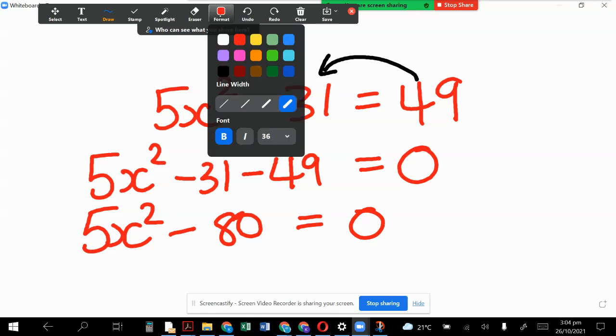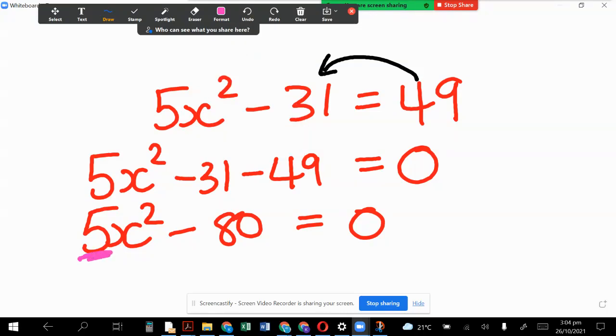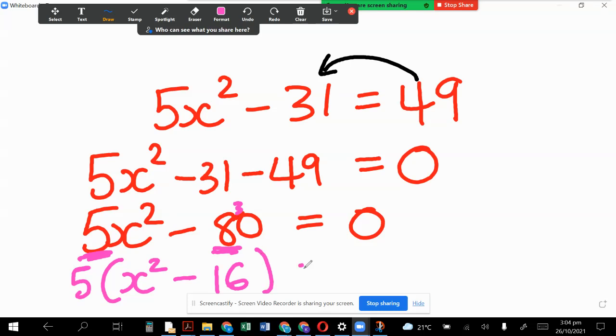Now what you have to do is divide both numbers by, and I can see in this case 5 can go into both. 5 goes into 5x squared, x squared, times 5 goes into 80, 16 times, equals 0.